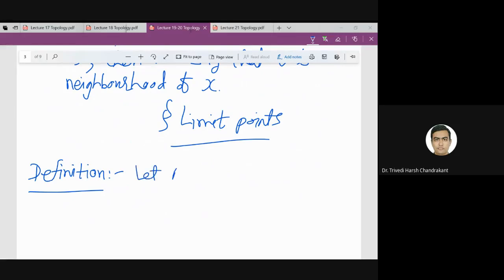So let A be a subset of X, where X is a topological space.